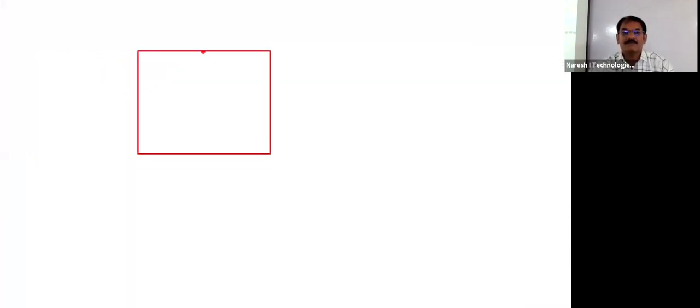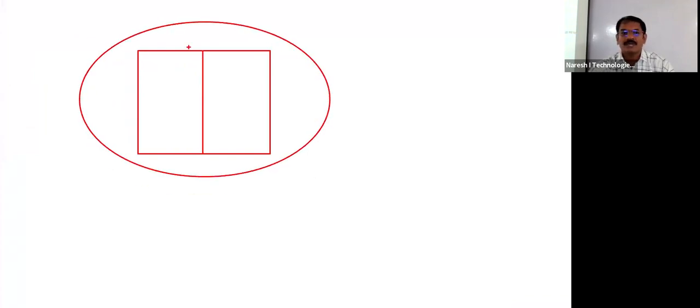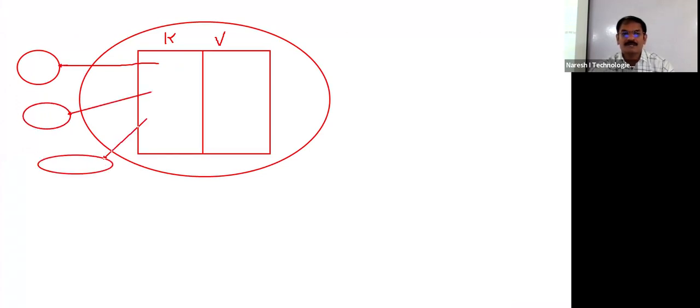This is my map object. Okay, this is the key and this is the value. I am storing an Example object E1, a String object, and an Integer object as keys. So this map object is holding references to these objects.